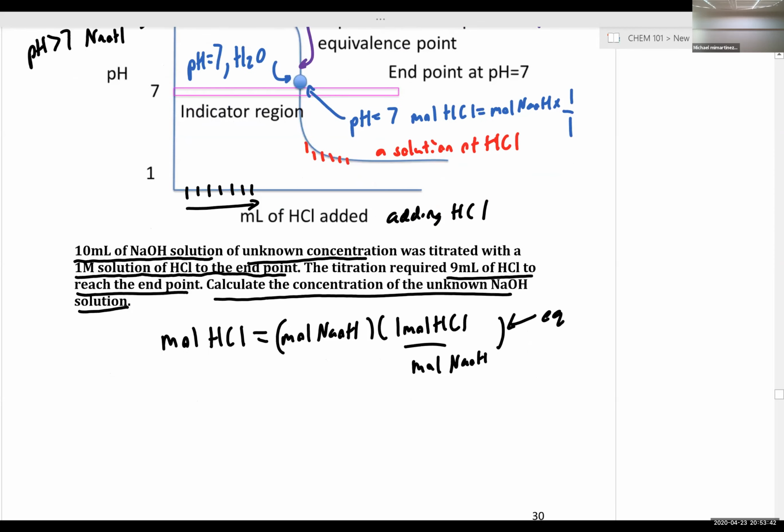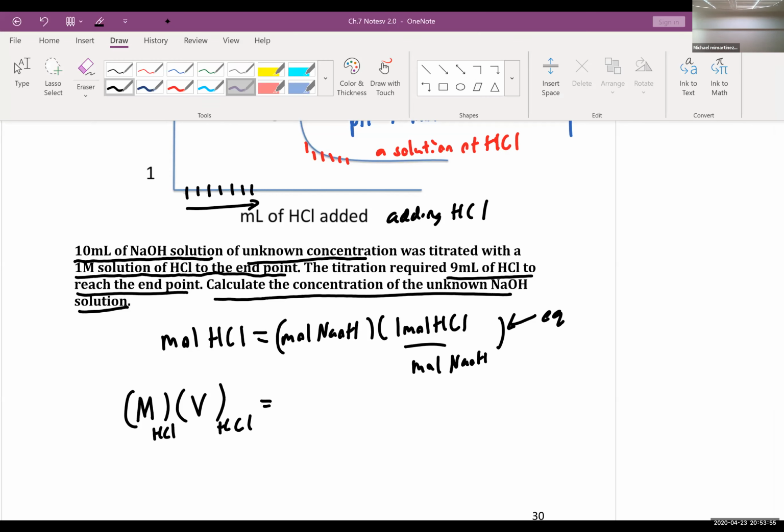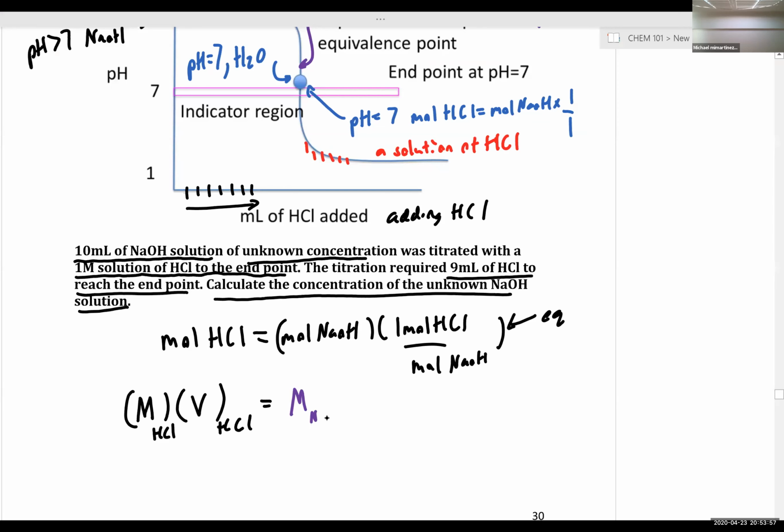Now we're going to substitute. The moles of HCl can be thought of as the molarity times the volume. And that's equal to the molarity of sodium hydroxide times the volume of sodium hydroxide times 1/1.